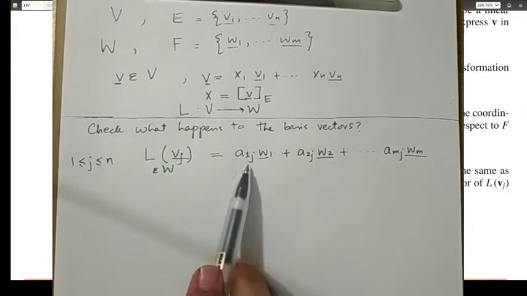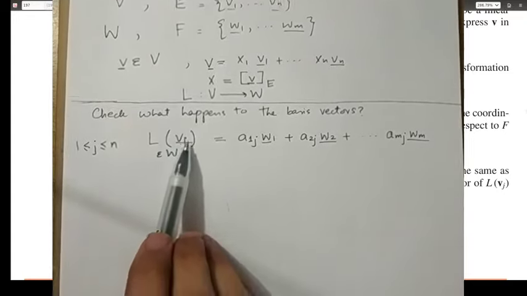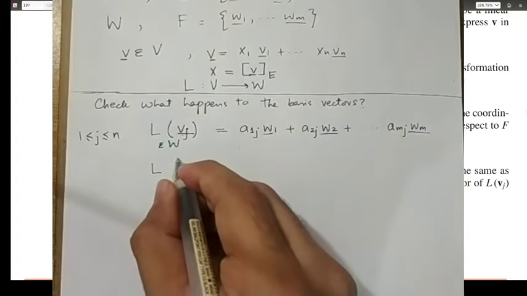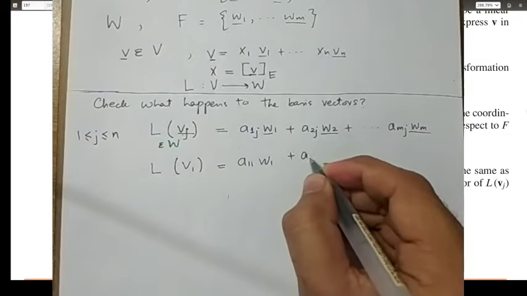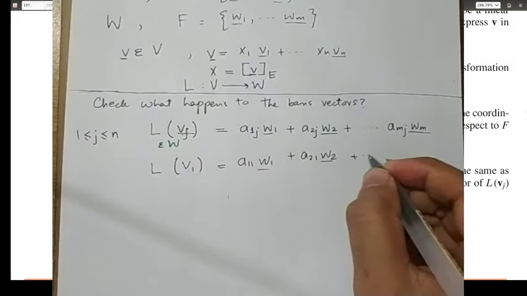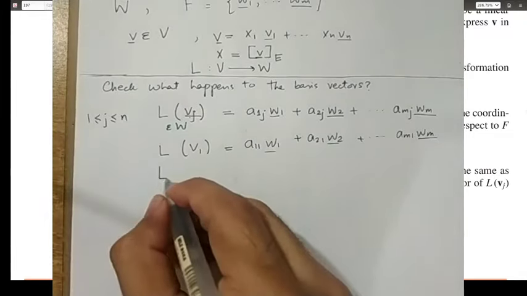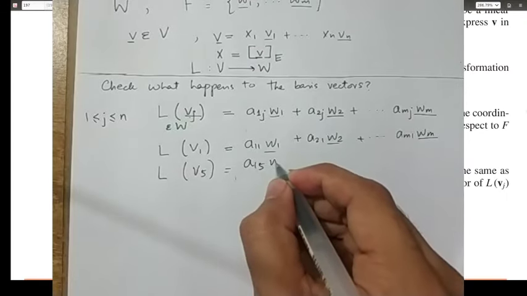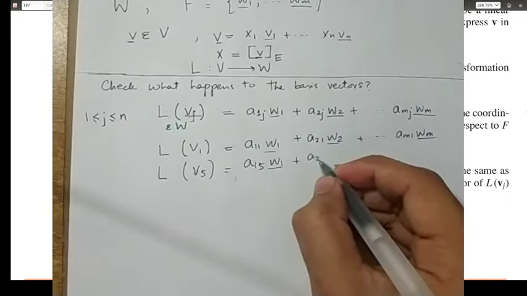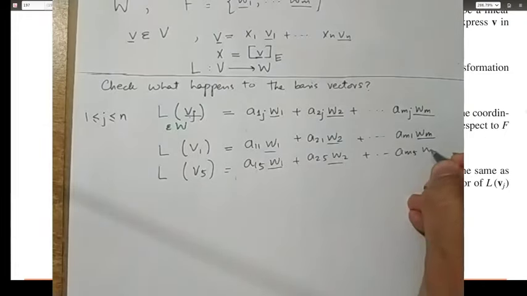I've noted this j because we are talking about the coordinate vector Vj. So L of V1 will actually be A11 W1 plus A21 W2 plus so on, Am1 Wm, right? Similarly, L of V5 could be A15 W1 plus A25 W2 plus up until Am5 Wm.